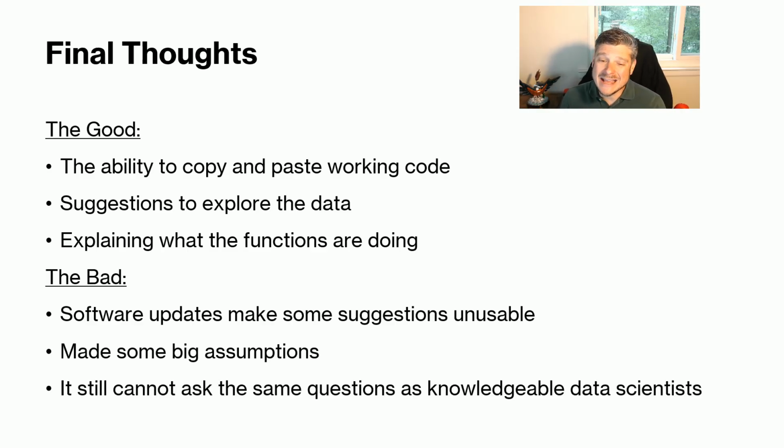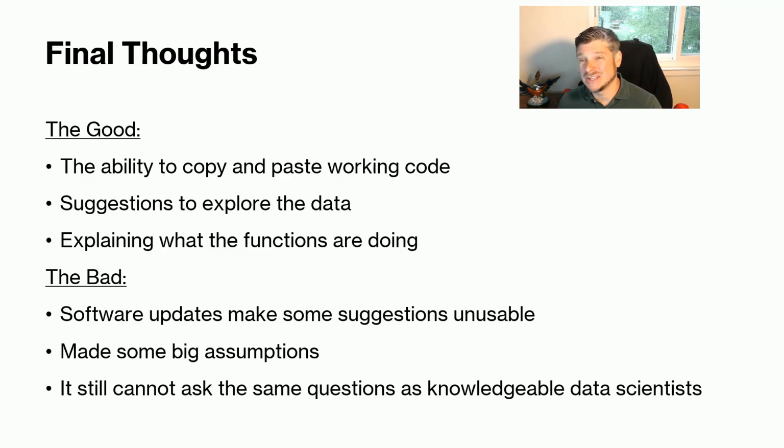And then it still cannot ask the same questions as a knowledgeable data scientist. So, again, noticing that the histogram was not really a normal distribution. We have multimodal. ChatGPT does not see the result of my code, so it can't really interpret it for me. I mean, maybe I could copy and paste some stuff in there, and maybe it would be able to help.